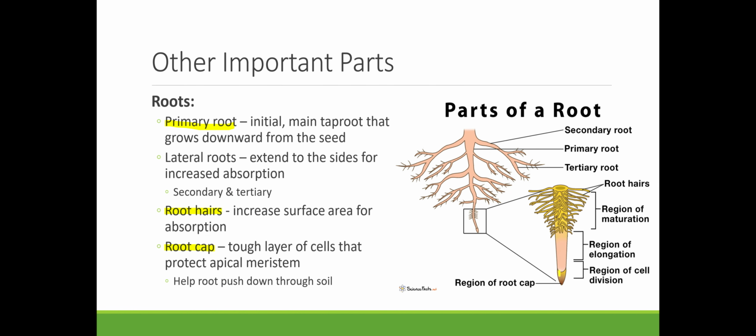And so this root, as it grows, is going to push downward through the soil. And if we were to push these little baby cells down into the soil without protection, they would just get crushed. And so at the very tip of the root is something called a root cap. And it's just a hardened structure that protects that apical meristem, and it helps that root push downward through the soil and the rocky material.